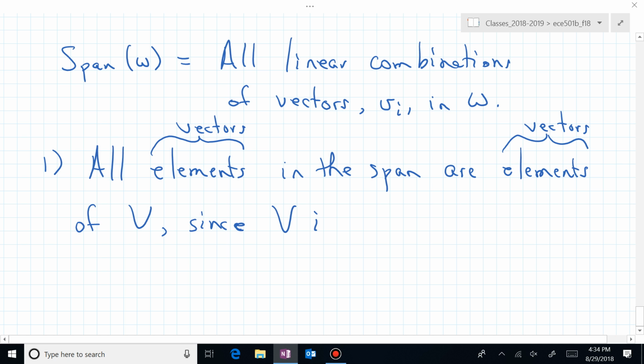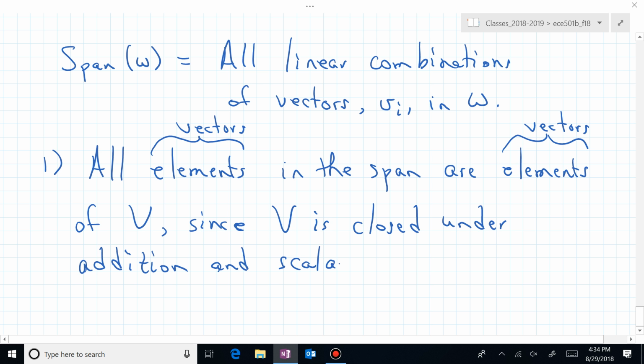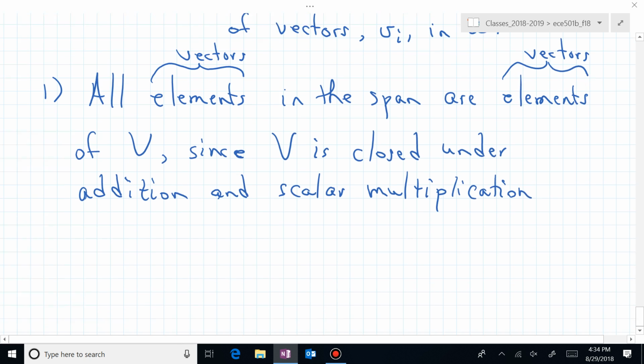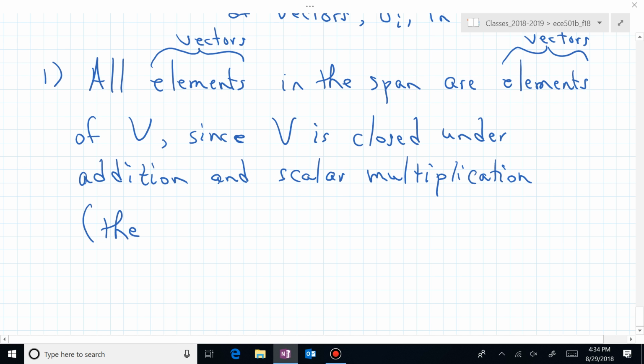Since V is closed under addition and scalar multiplication. And that's really what we need to do a linear combination, is scale and combine. Combine by addition.